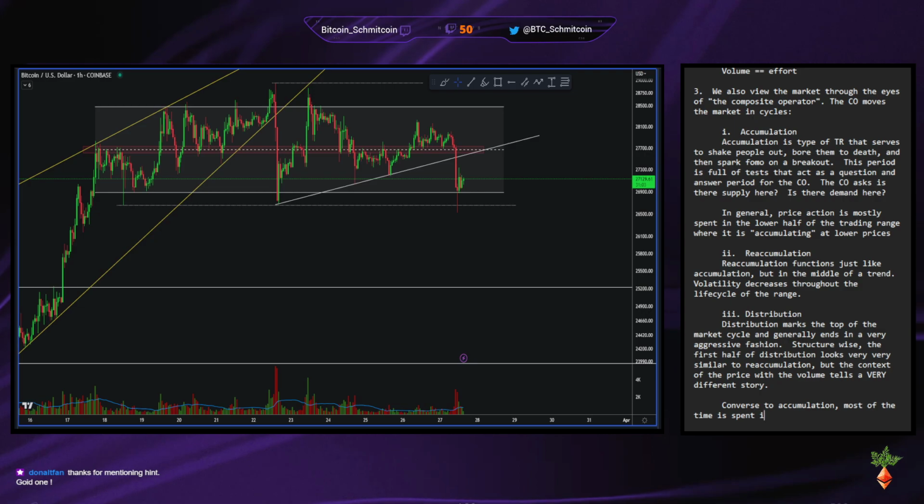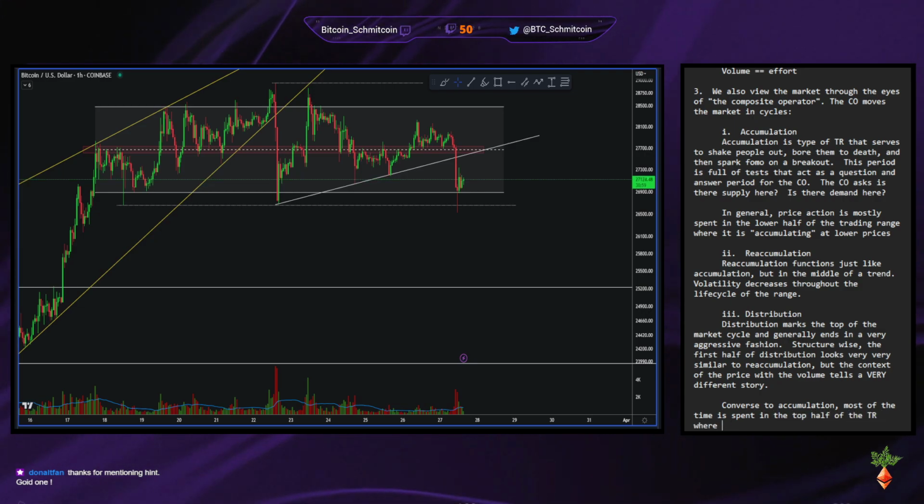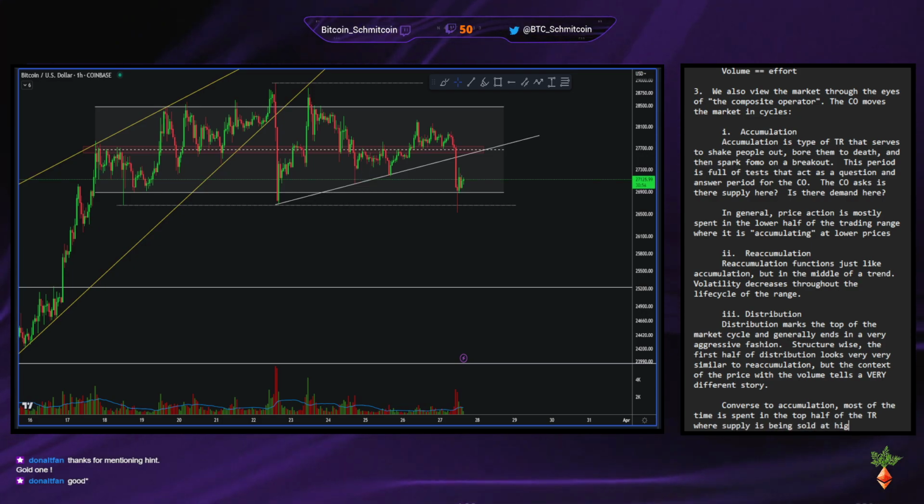Most of the time is spent in the top half of the TR where supply is being sold at higher prices.